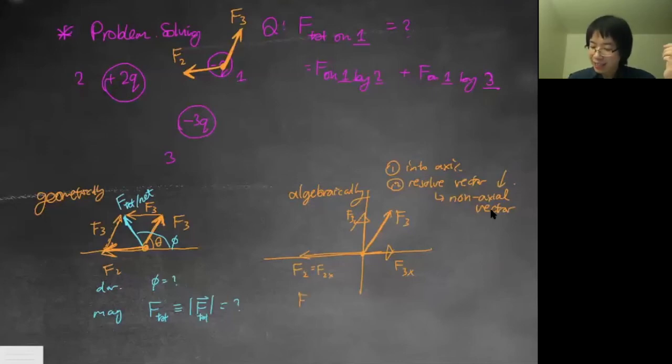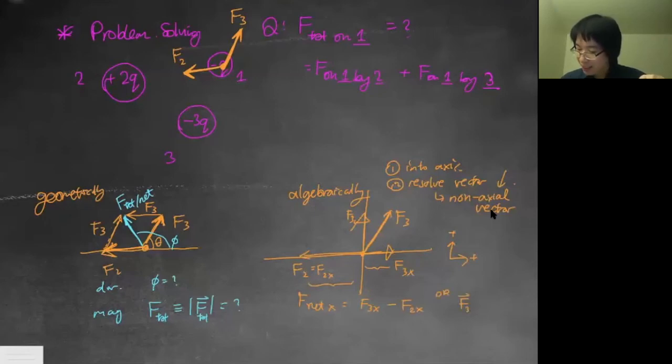And now you just add up all the x's together. So the net x, let's call this positive direction, is F3x minus the length of this, right? So you see, I don't have that vector sign over here. So you either write this or you write F3x plus F2x.